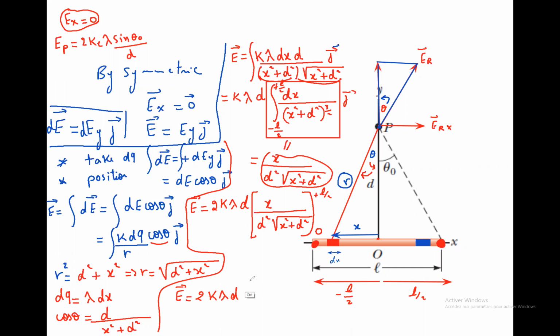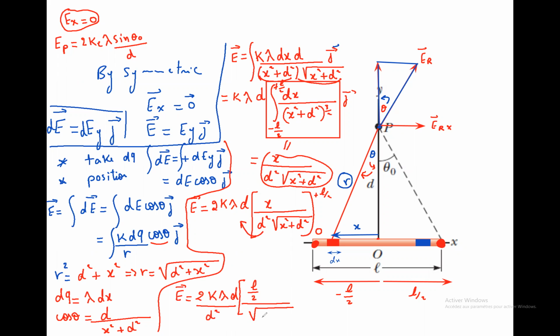So here we have L over 2 divided by, we can put d square out, it's constant, divided by d square radical x square.